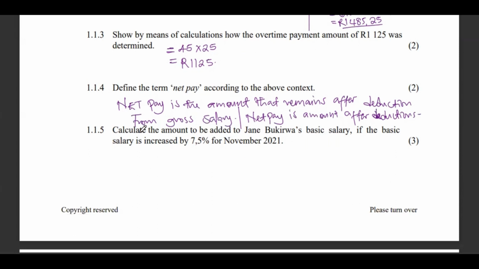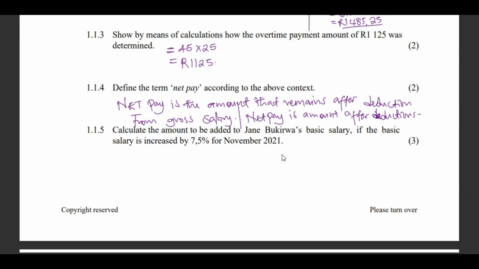Calculate the amount to be added to Jane Bukira's basic salary if the basic salary is increased by 7.5% for November. Now, remember, we are looking for how much will be increased.